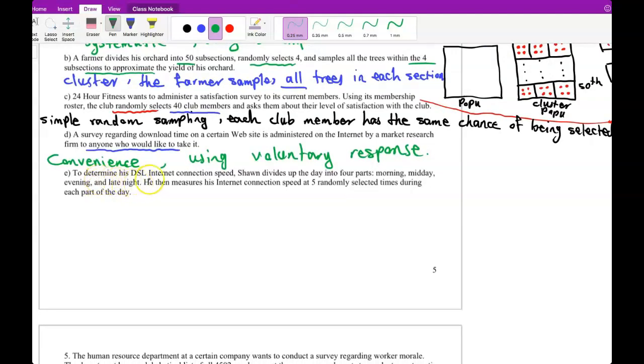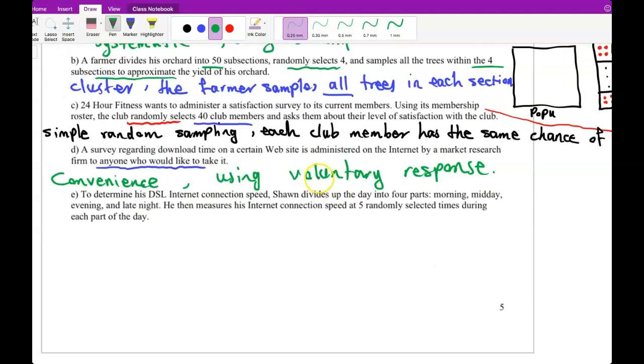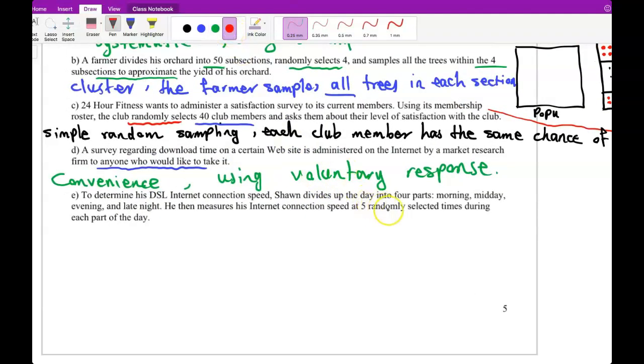Part E, to determine his DSL internet connection speed, he divides up the day into 4 parts: morning, midday, evening, and late night. He then measures his internet connection speed at 5 randomly selected times during each part of the day. This is stratified.